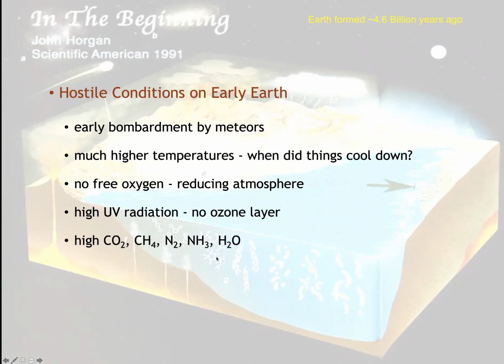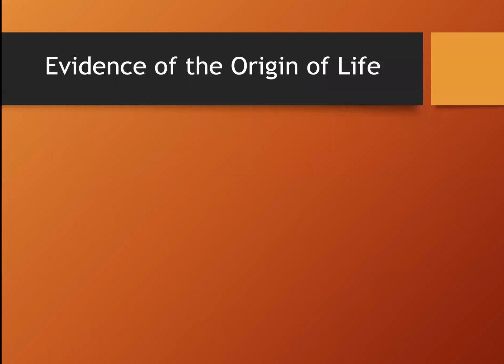But the composition overall of the atmosphere would have been very different. And you would have had traces of some things, and these traces actually would have been important because they would have provided energy. If you see an H, remember, we need to think, oh, there's electrons associated with that. So hydrogen gas and things like hydrogen sulfide and iron sulfur are good electron donors for metabolism. And so when life did evolve, this may have played an important role.